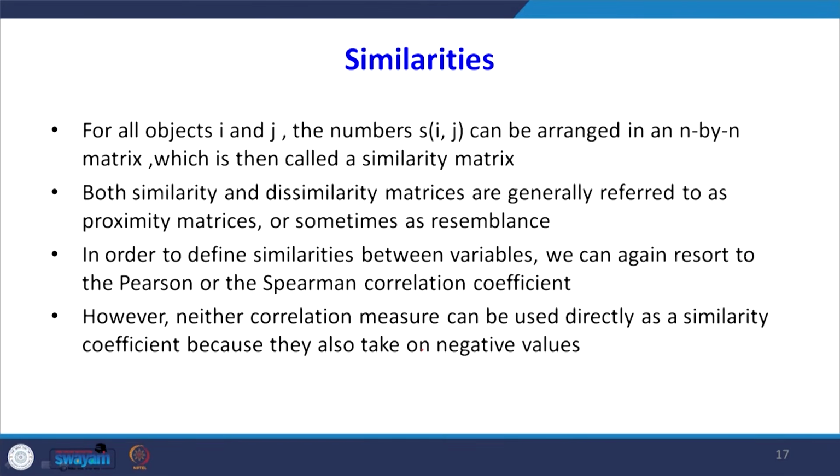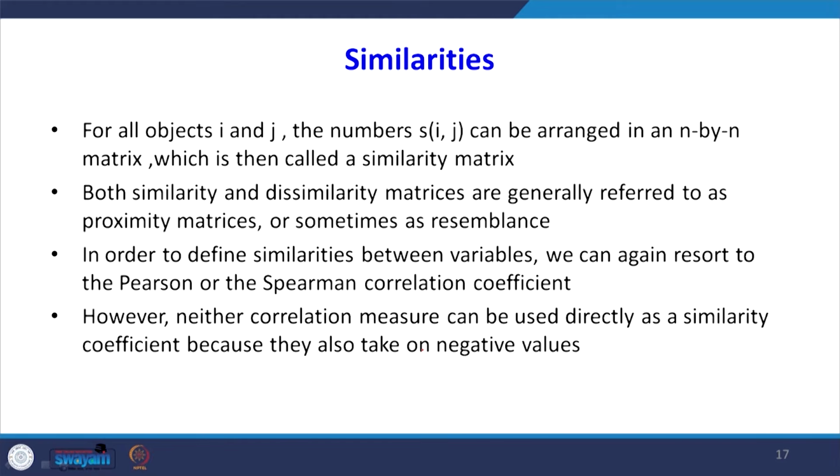We will continue the concept of similarities. For all objects i and j, the numbers S of i comma j can be arranged in an n by n matrix, which is then called the similarity matrix. Both similarity and dissimilarity matrices are generally referred to as proximity matrices, sometimes as resemblance matrices.